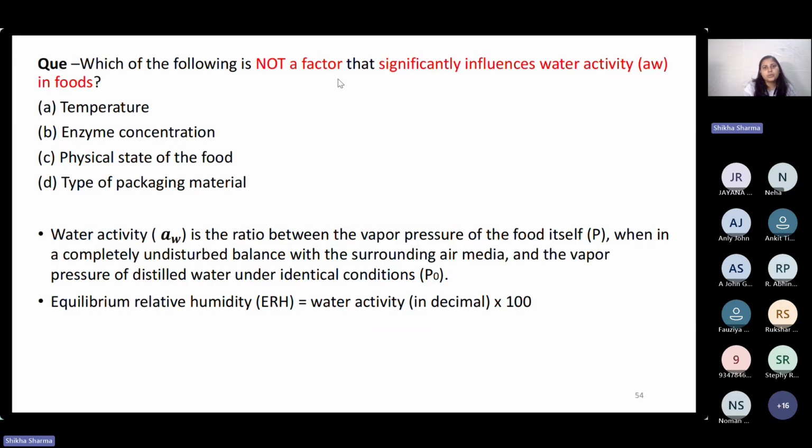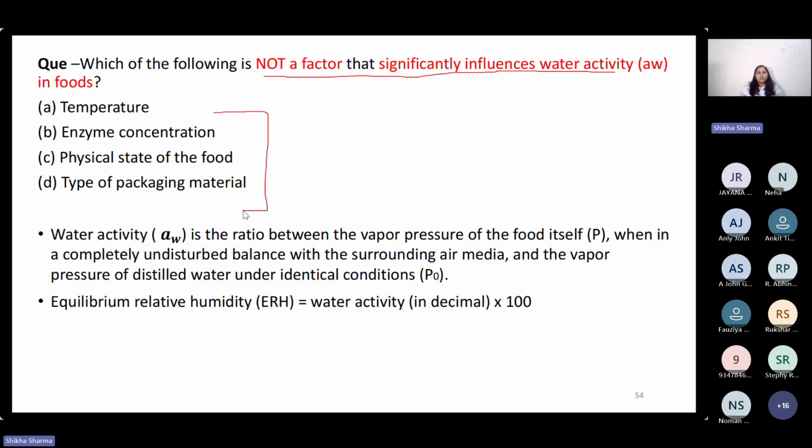Okay, let's see this question about water activity. Which of the following is not a factor that significantly influences water activity in the food? Temperature, enzyme concentration, physical state of food, and type of packaging material.